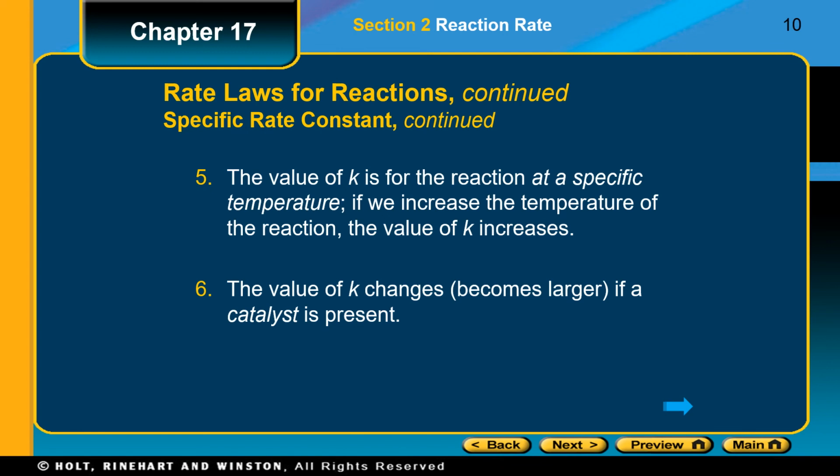So just by adding a catalyst, the K becomes a different number, because remember, a catalyst will cause the energy pathways to possibly be different and form different activated complexes and things like that. So that would be altering the conditions, and we'd have to have a different value of K. So K is very specific.